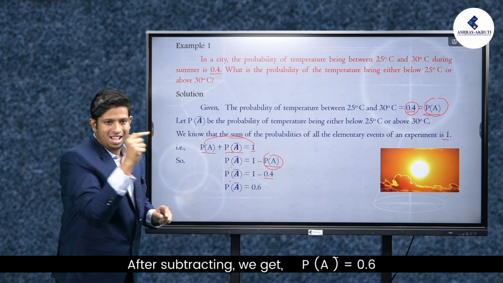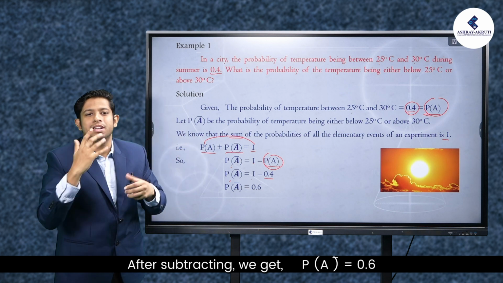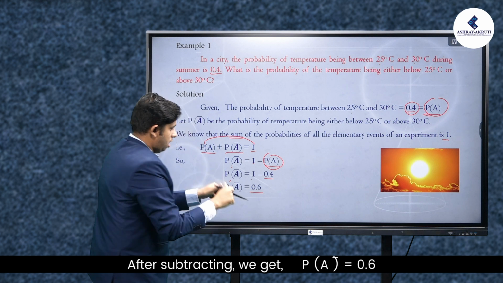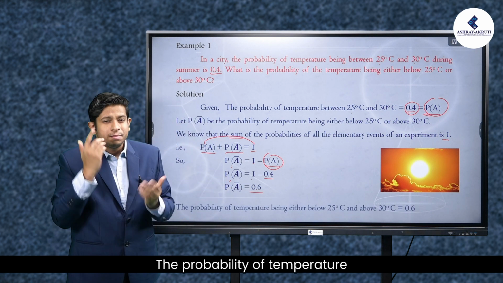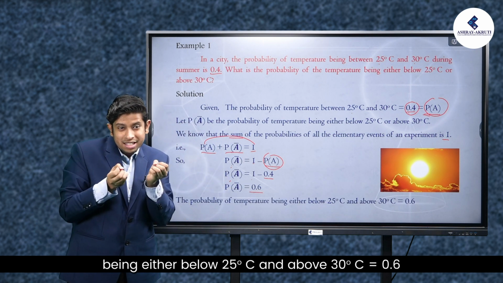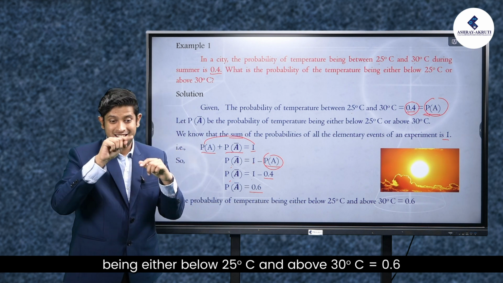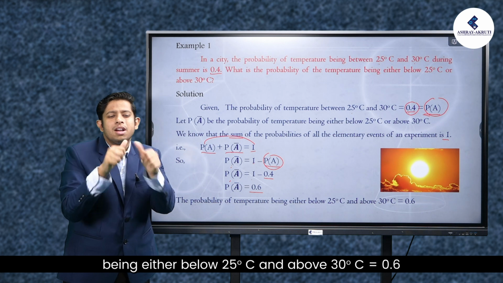After subtracting, we get P(A') is equal to 0.6. The probability of temperature being either below 25 degrees or above 30 degrees Celsius is equal to 0.6.